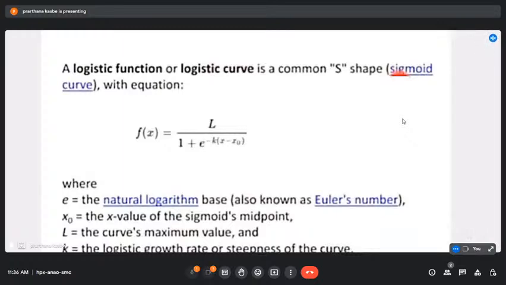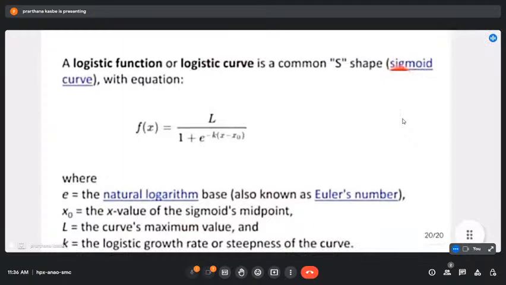Where e is the natural logarithm base, also known as Euler's number. x0 is the x value of the sigmoid midpoint. L is the curve's maximum value.